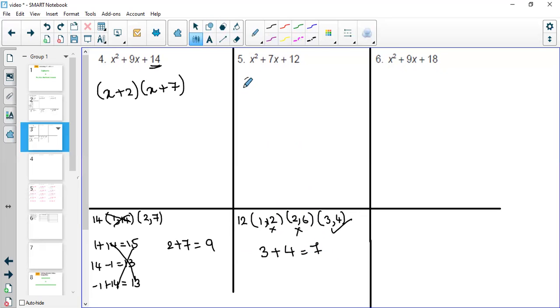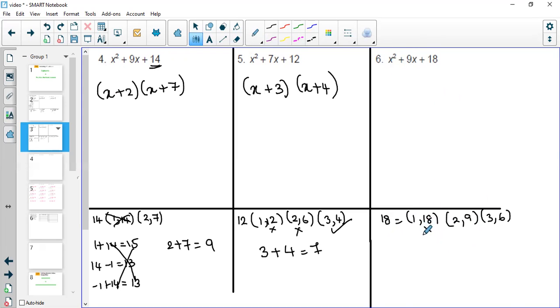So how are you going to write the factorization? x plus 3 and x plus 4. This is going to be the factorization. So similarly here, now 18, the factors of 18 are going to be 1 and 18, 2 and 9, and 3 and 6. Okay, so which pair of factors would give me a positive 9?